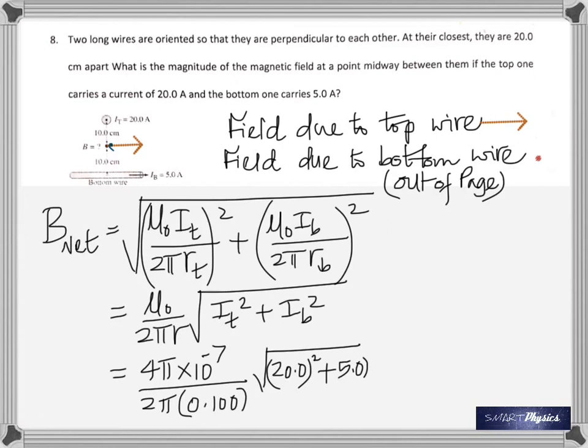It's the midpoint, that's why. And when you calculate that, you get 4.12 times 10 to the negative 5 Tesla. Don't just believe me. Check your calculations and make sure you understand it. This again is a great problem.